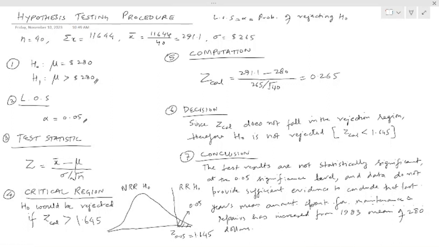So this is how we can answer the hypothesis testing question following these 7 steps properly.